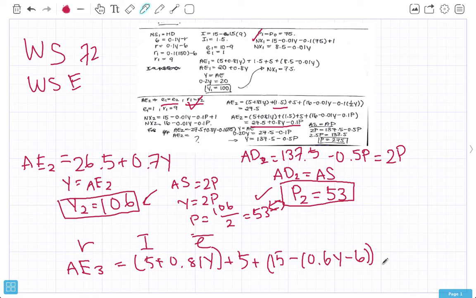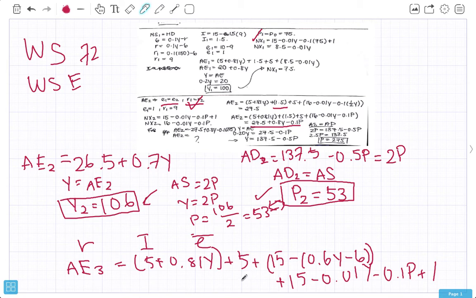And then you'd have your net exports, which will still be the same, 15 minus 0.01y minus 0.1p plus, because you're still keeping the exchange rate fixed here, you'll still plug in 1 here.